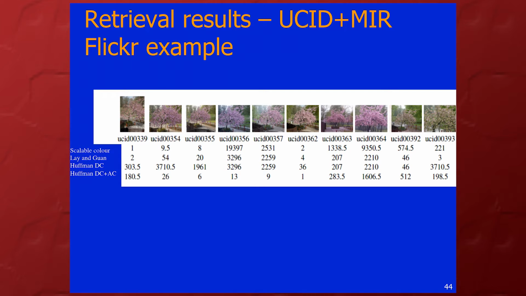And again, we're getting pretty much the same images in the top 10 or so. So we can perform image retrieval very, very fast based on information that can be encoded directly into the JPEG header information that we've got there.